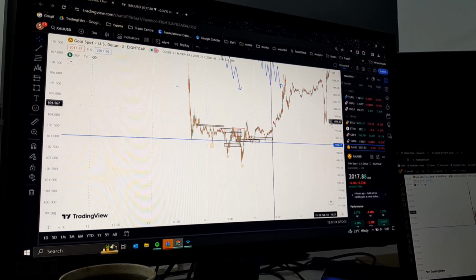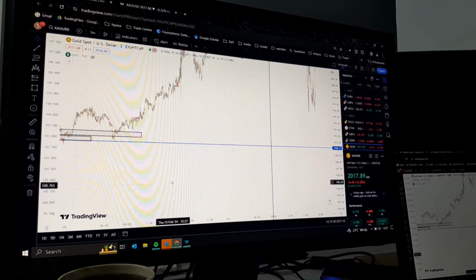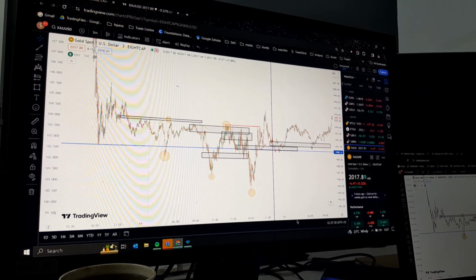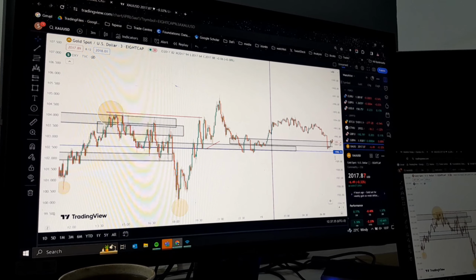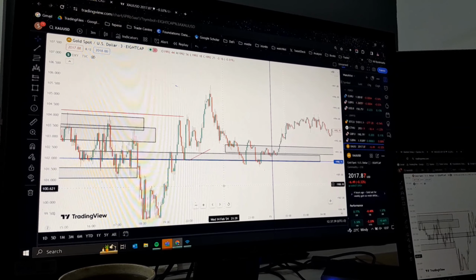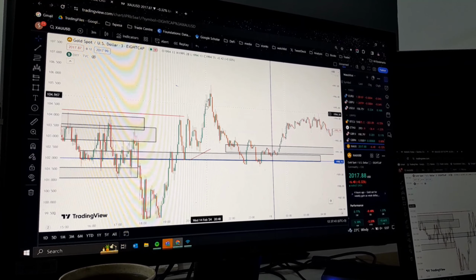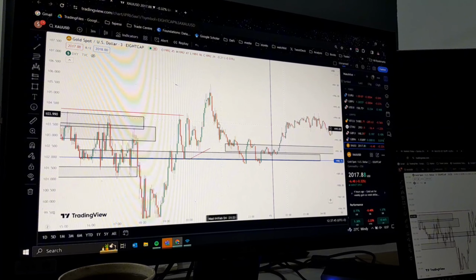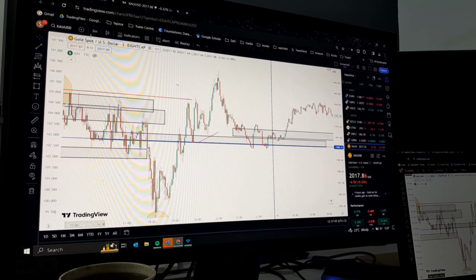We are on the 3-minute time frame. We are looking for our GP. We are looking for a GP on this leg. We can't clearly see a GP anywhere around here, so we scale down to the 1 minute.